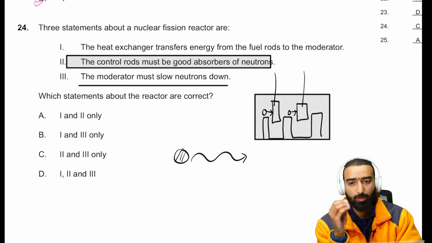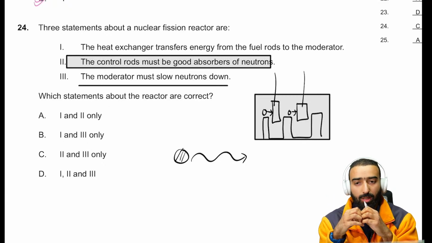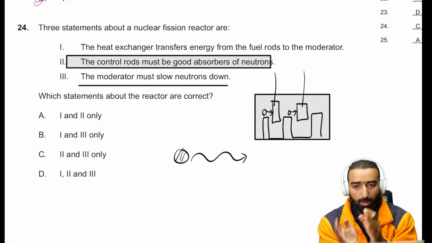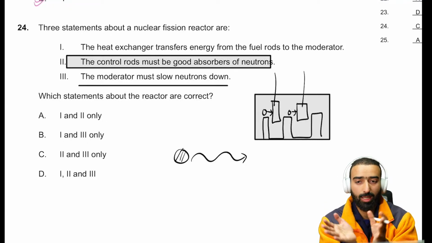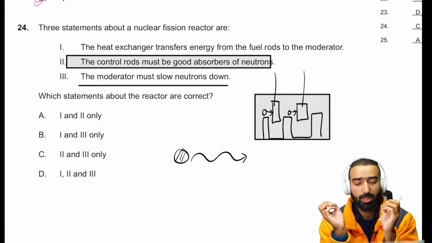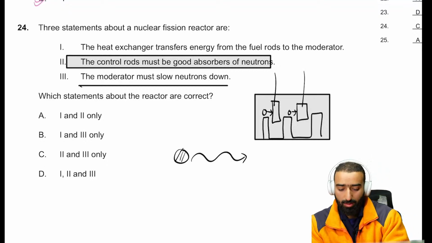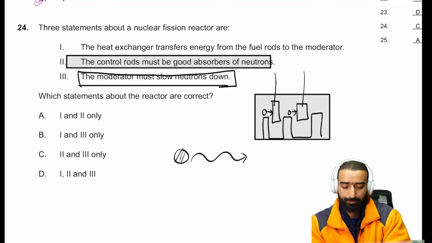If it moves so fast, it's not able to react with the uranium nucleus and cause more fission. So what do we want to do? We want to slow this neutron down so that the uranium is able to absorb it, and hence we have a sustained chain reaction. So the moderator must slow neutrons. So option 2 and option 3 are correct.